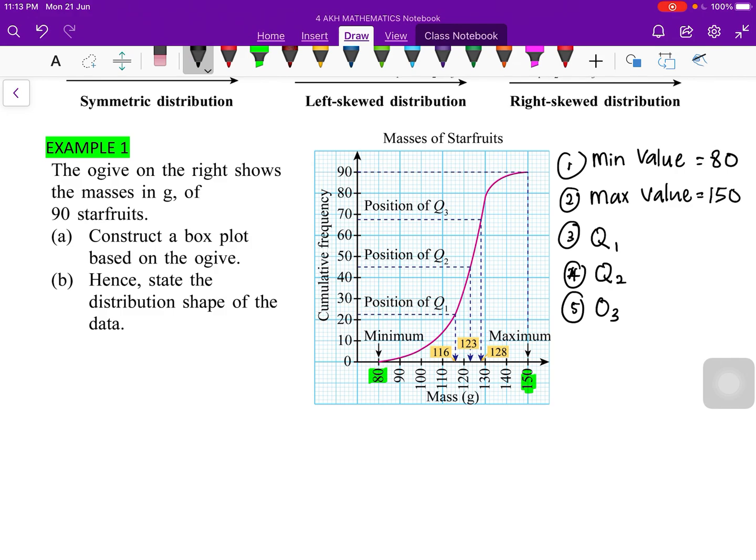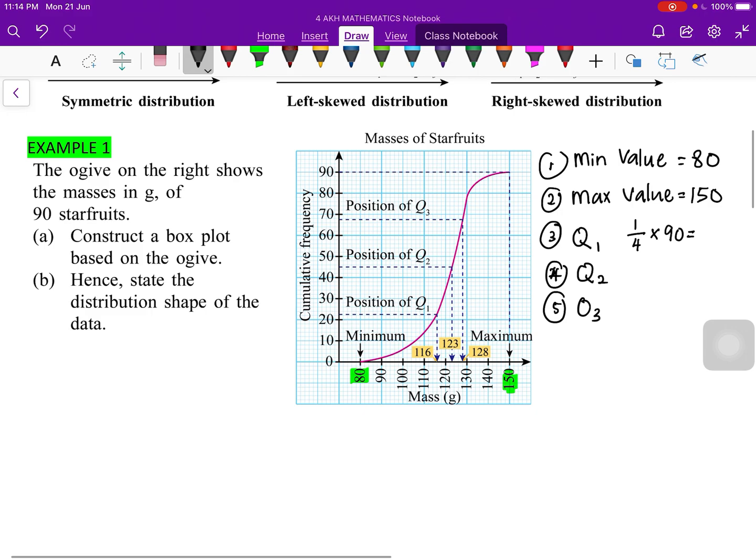So once again, kita recap sikit about our quartiles. So quartile, kita ambil daripada 1/4 of our total cumulative frequency, which is 90 in this case. So mana datang 90, our highest point pergi kepada cumulative frequency, itu 90. So here you divide by 4.